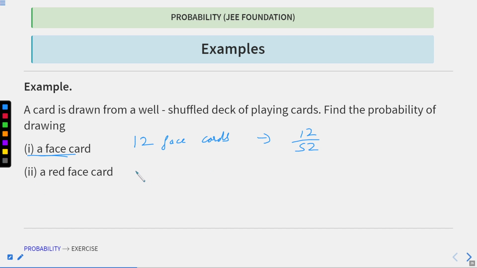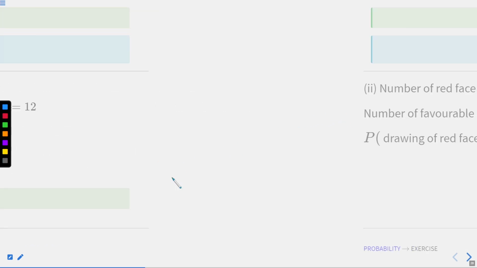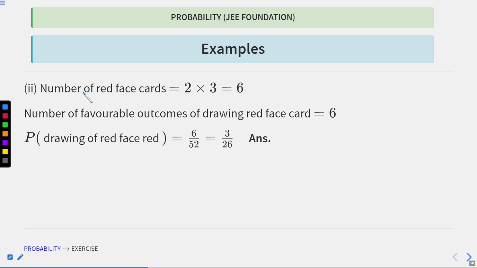For a red card, we have 26 red cards, which means the probability P is equal to 26 by 52. I hope this is clear to you.